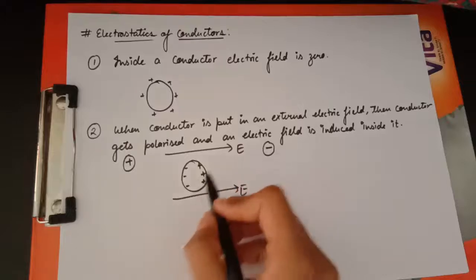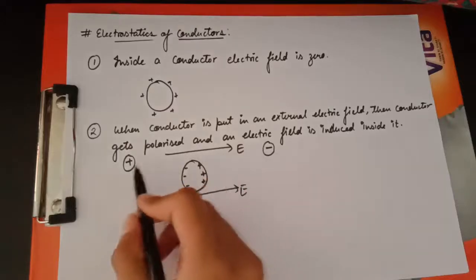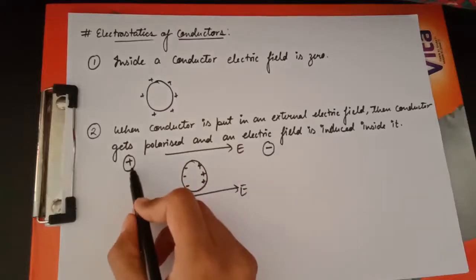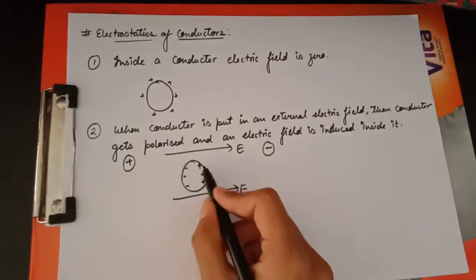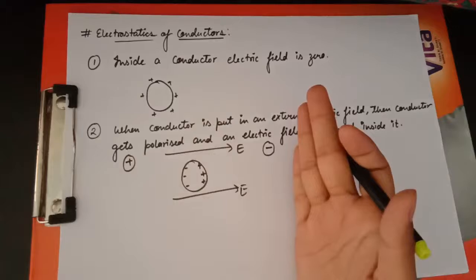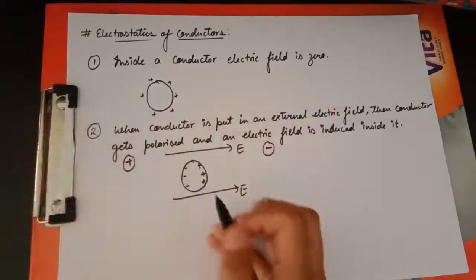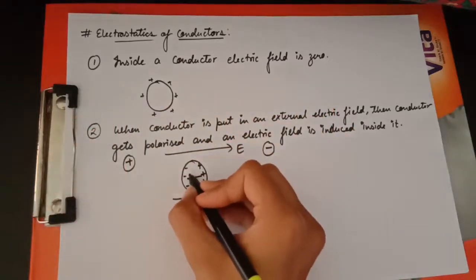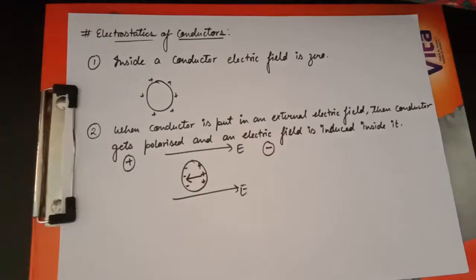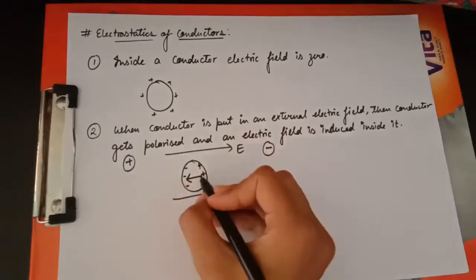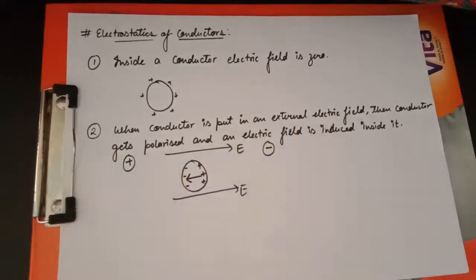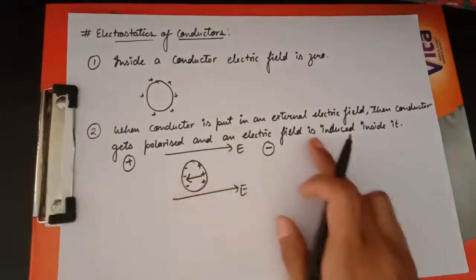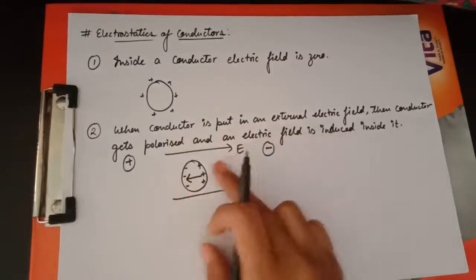So as you know, the electric field lines flow from positive charge to negative charge, and inside this conductor you can see there is positive charge separated and there is negative charge separated. So there will be an induced electric field inside it, and the direction of the induced electric field will be opposite to the external electric field. So this will be the induced electric field inside the conductor.